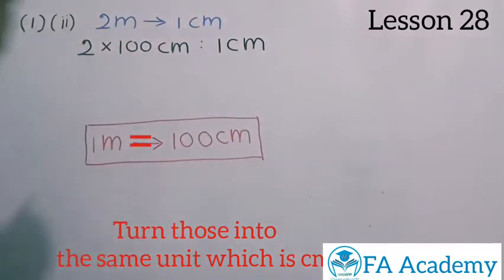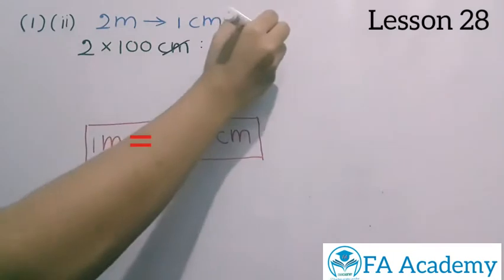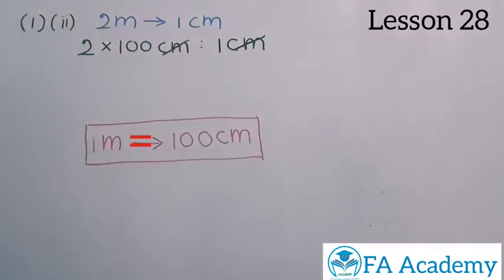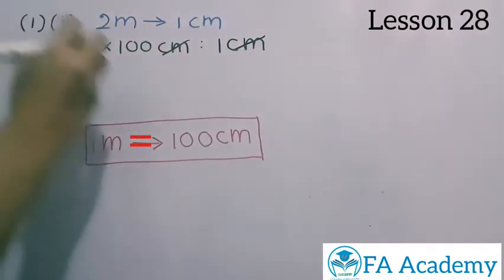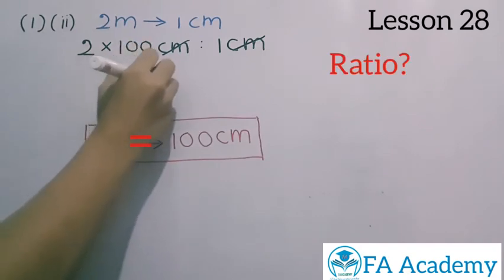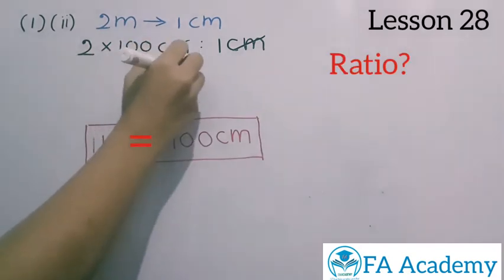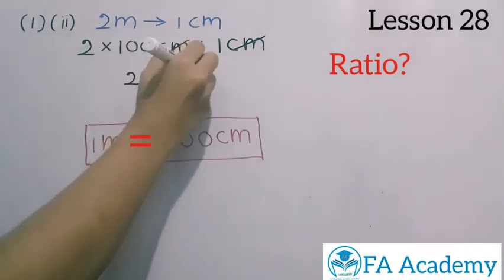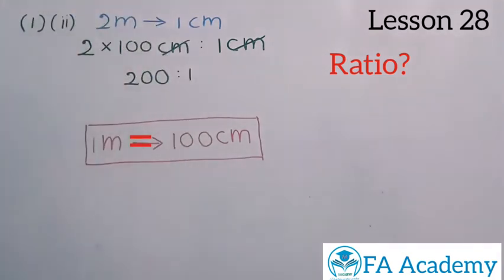So now no need to keep centimeters because we are mentioning the ratio here. So what's the ratio here is 200 to 1 ratio. So we don't say 200 to 1 ratio anytime. I told you every time the given scale should be written in front.